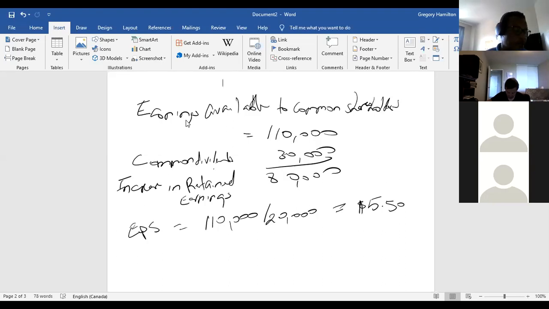How about our dividend per share? The dividend per share would be the amount that was paid out as dividend divided by the number of shares outstanding.